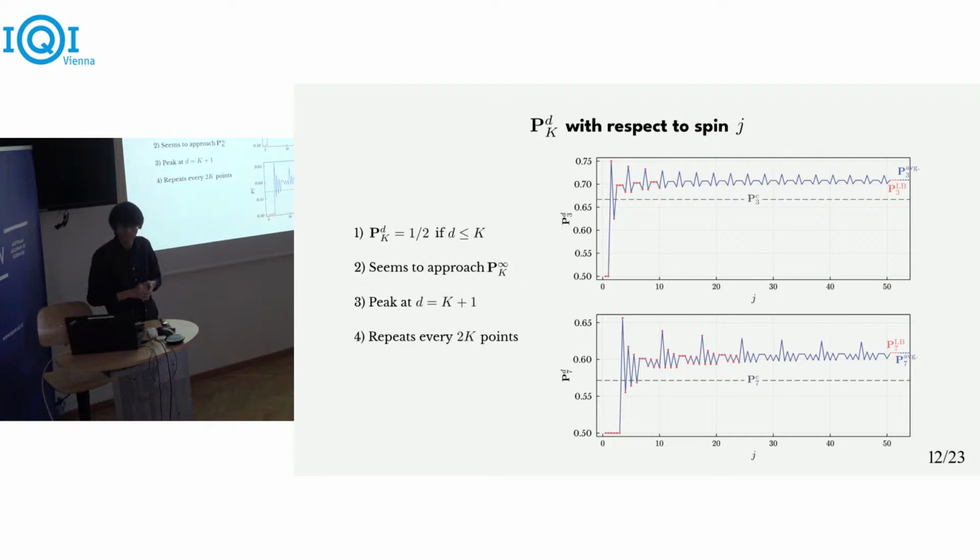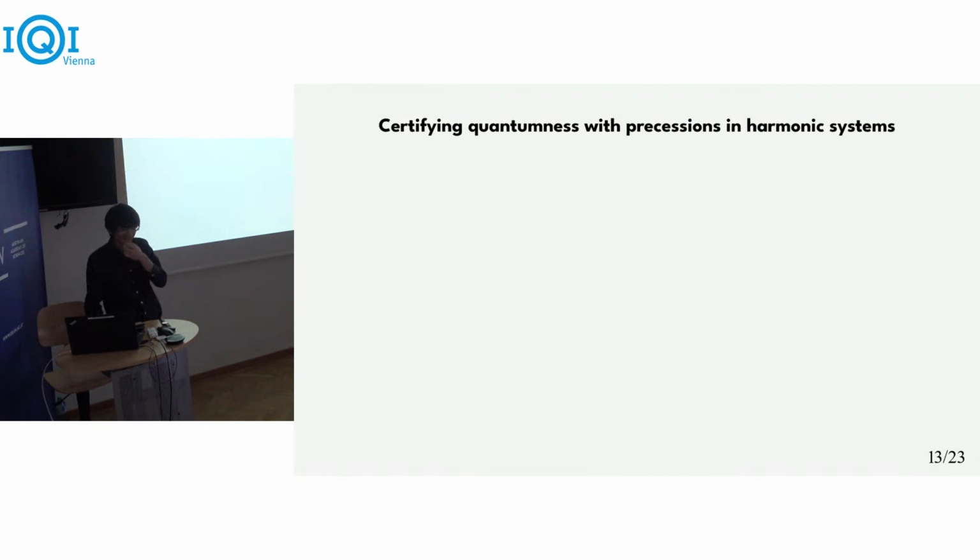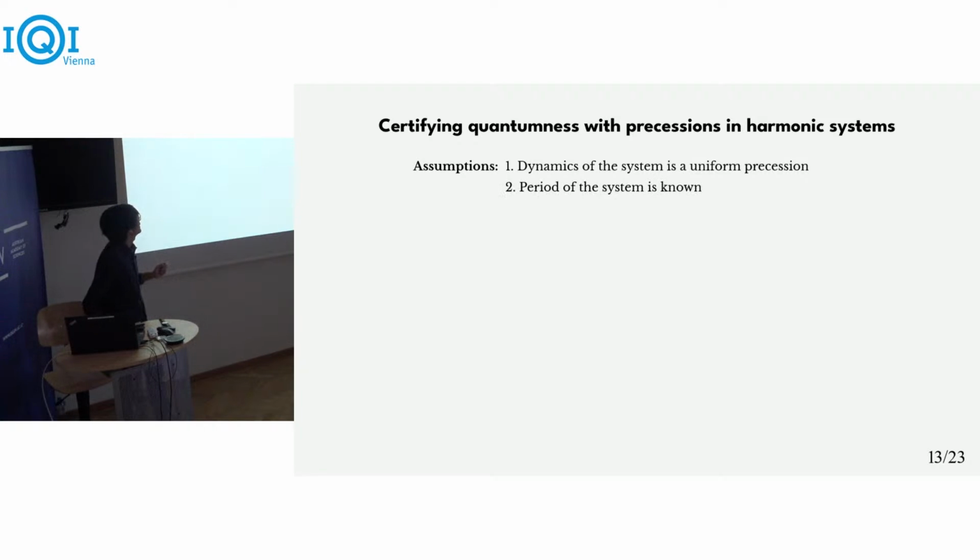Indeed, it would make a much longer title if I put in all the nuances, but the idea is there. We want to certify quantumness with precessions in harmonic systems, under the very important assumption, as you rightly mentioned, that the dynamics of the system is a uniform precession and that we know the period of the system. Only if these assumptions are true will this protocol work.